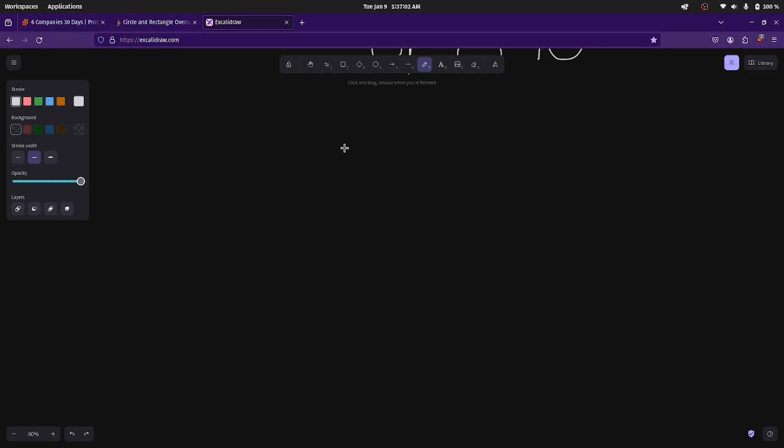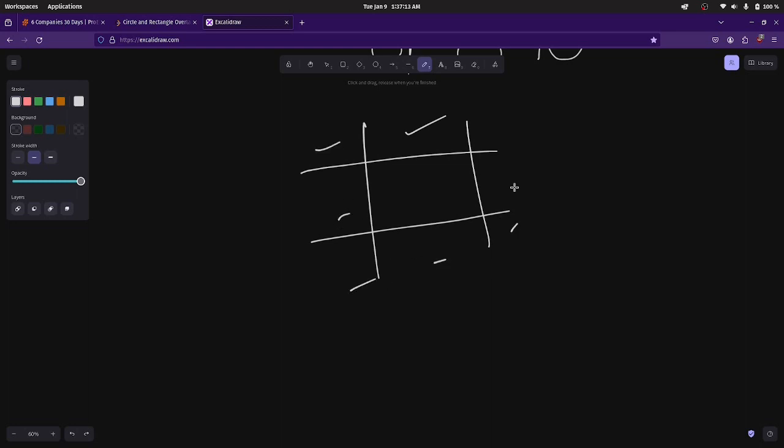So we need to check for all these lines here. Do we need to? I don't think so. We can just find the position of the circle, right?